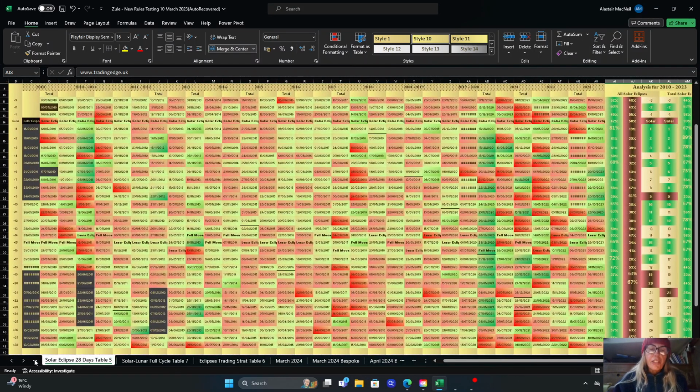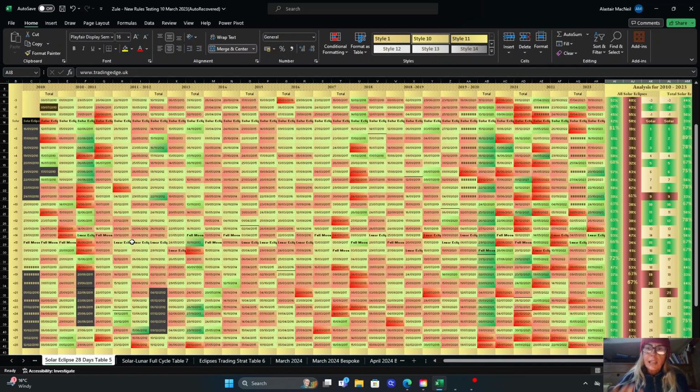It assumes that the lunar eclipse is just as equal as any other full moon, that it's not a special cycle. So therefore, I begin with the solar eclipse and I count 28 days. I keep laying out those closing candles, and when I reach a lunar eclipse I just carry on. I don't stop before the lunar eclipse, right?